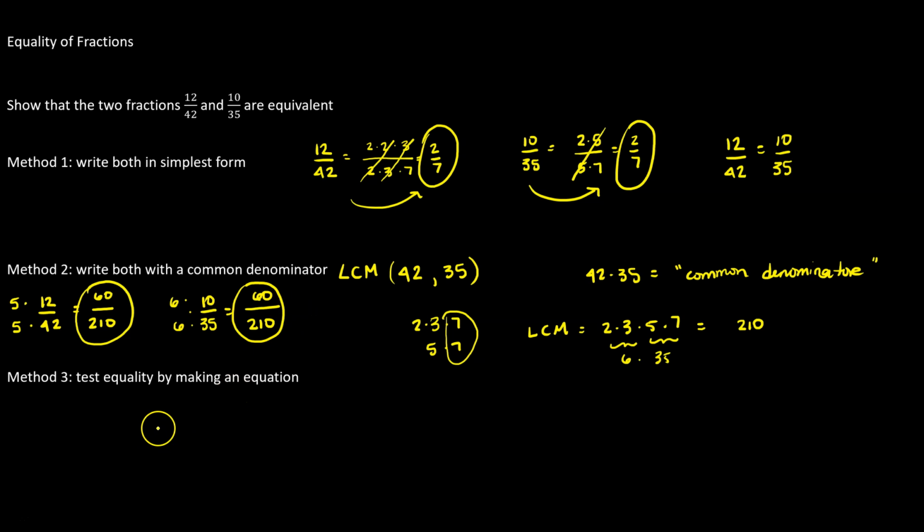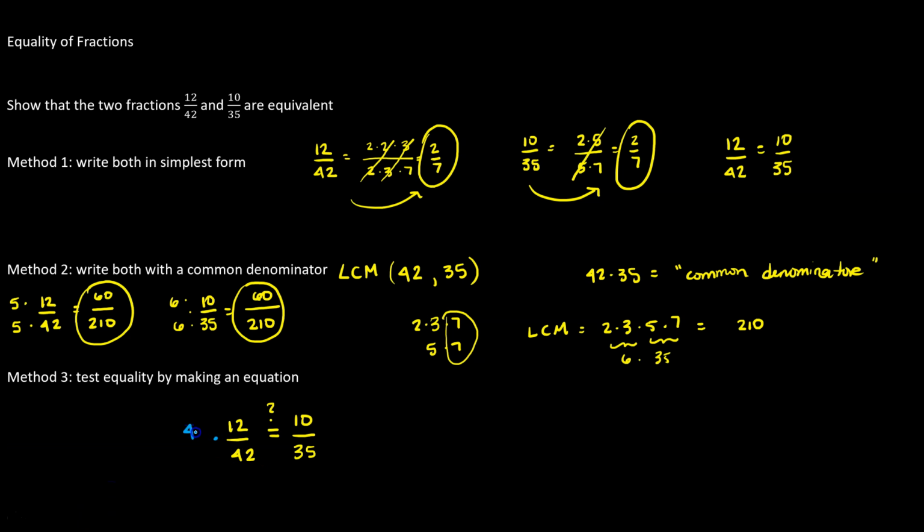We have one last method, and that's to make an equality and then try to manipulate that equation to show a clear true or false statement. So if we have 12 over 42, and I'm going to test this equality, so I'll put a question mark above it. I want to know if that's equal to 10 over 35. And what we'll do is multiply through by each denominator.